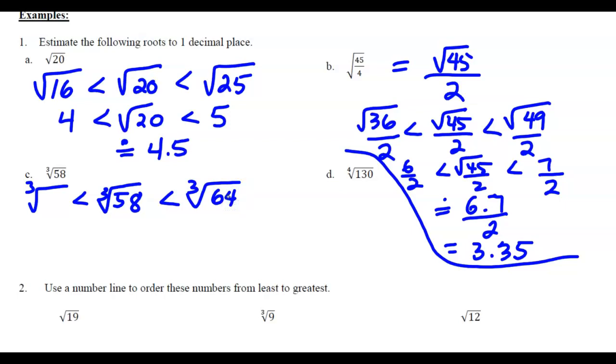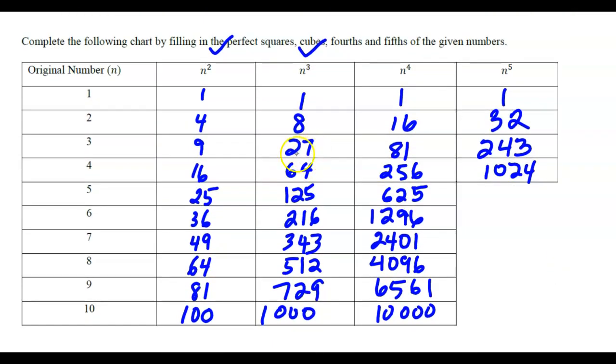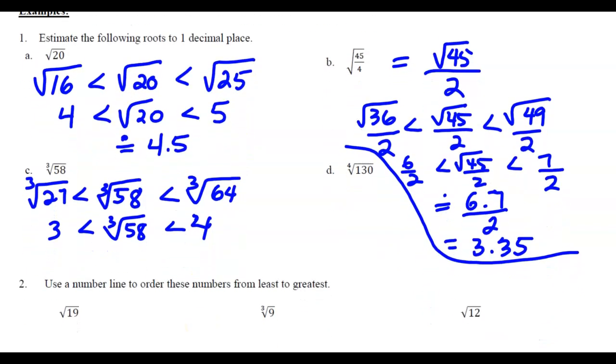And 27, if you look back, let's just check here, but 27 is the next lower one. Okay, and so that's 3. And that's 4. So it's between 3 and 4.